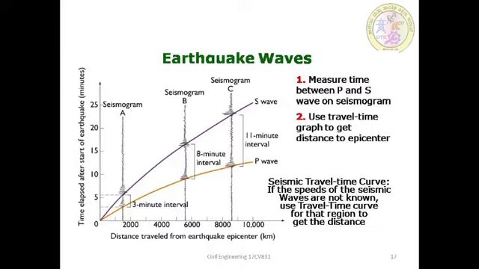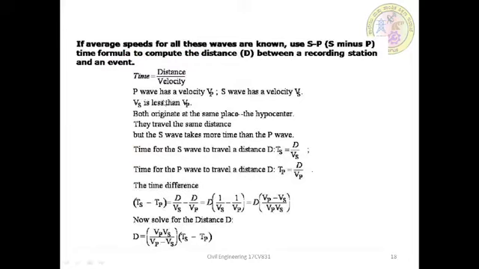In continuation, if the average speed of these waves is known, then use the S minus P time formula and compute the distance between the recording stations. Time is nothing but distance by velocity, the simple equation, and here we have to calculate the distance.